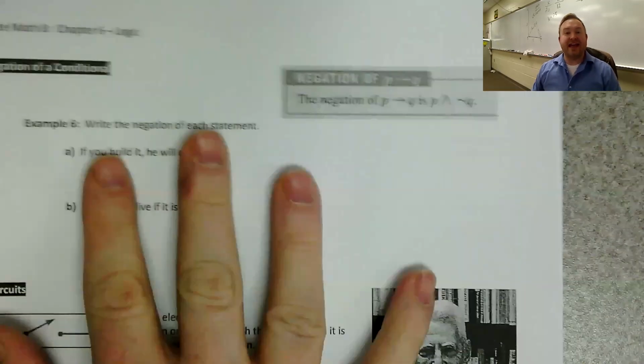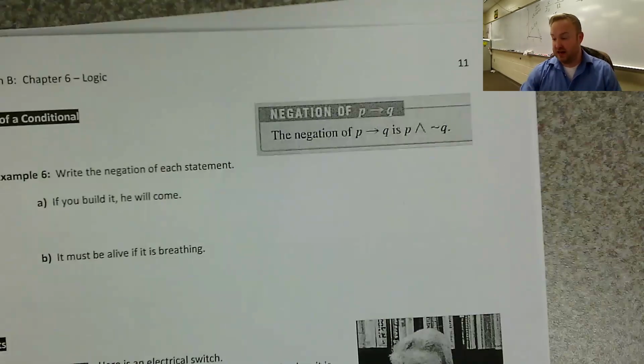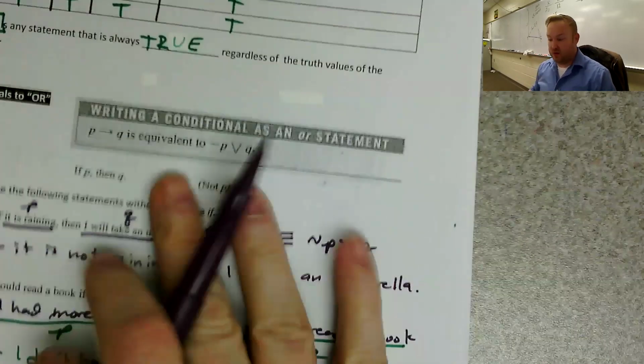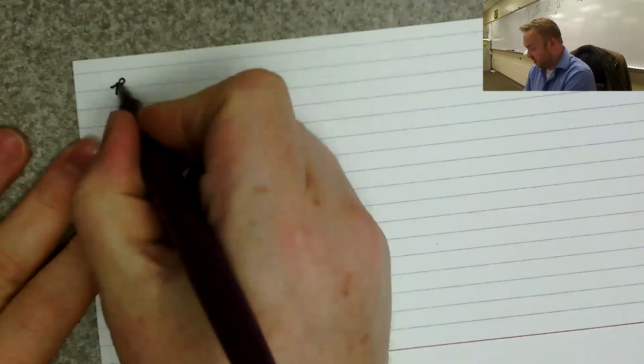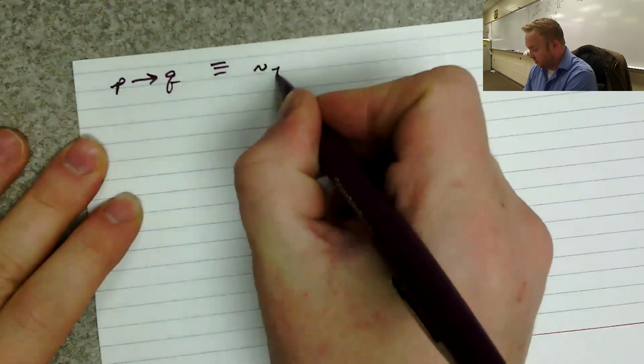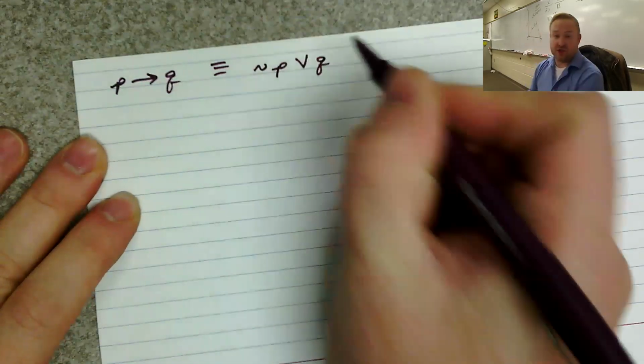Okay, finally, we're going to learn how to find the negation of a conditional statement. Now, I want to remind you of something that we learned, I believe, a couple lessons ago involving De Morgan's laws. So first of all, I'm going to use this idea that we just learned, that this conditional is equivalent to this disjunction.